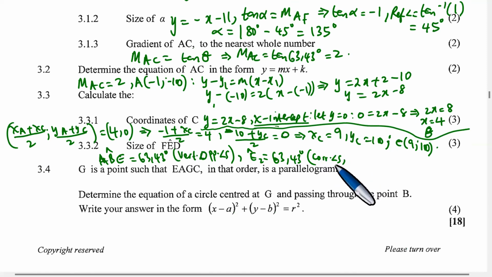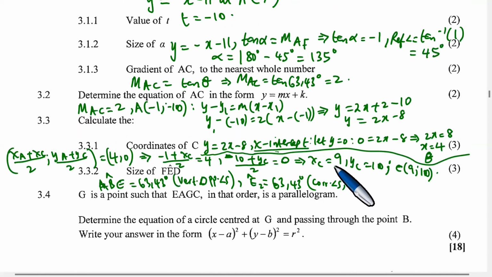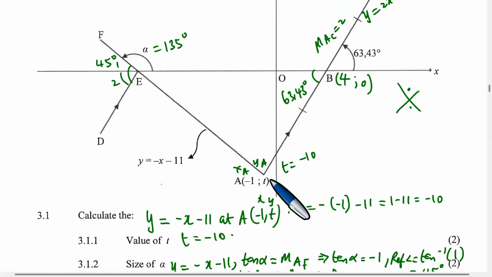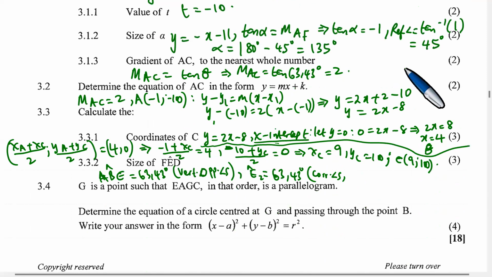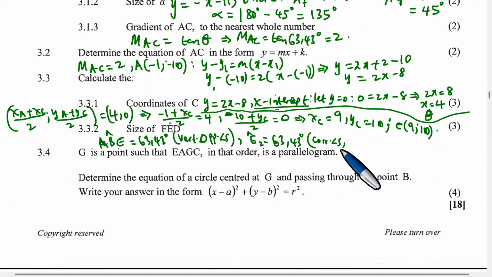Why corresponding angles? Because you have the parallel lines. What are the parallel lines? The parallel lines are actually as stated in the question. What are they? They are DE parallel to AC. Right, what is the next thing?